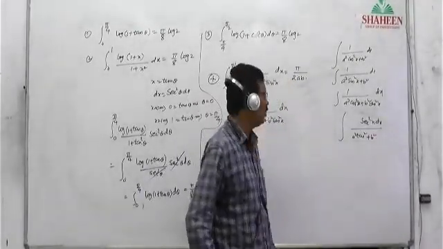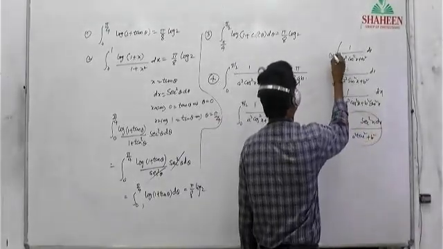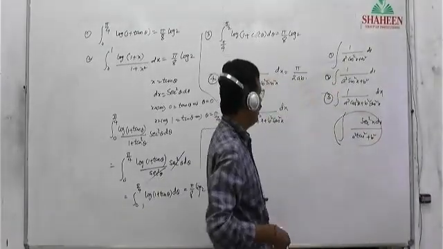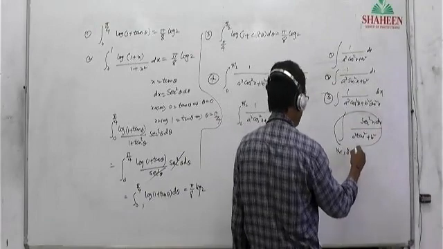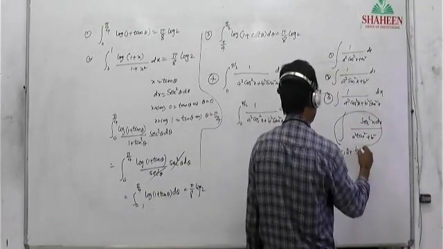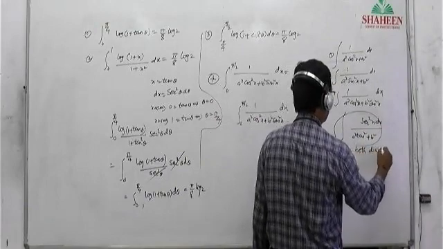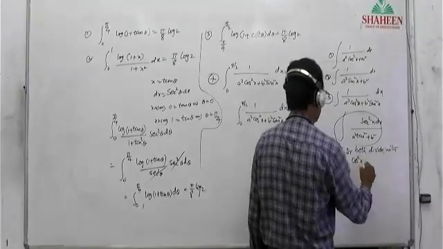Now to change into this form, in all of these, what is the substitution? Divide the numerator and denominator both with cos square x.